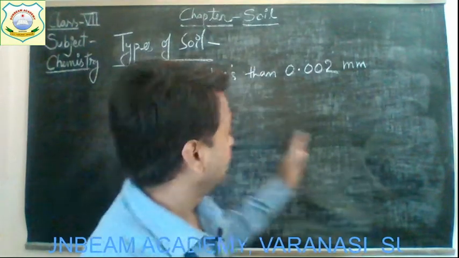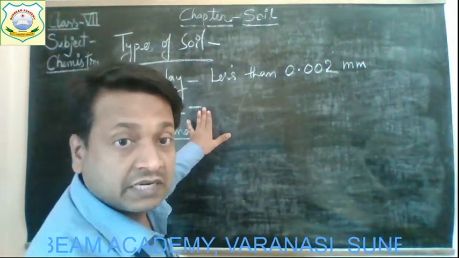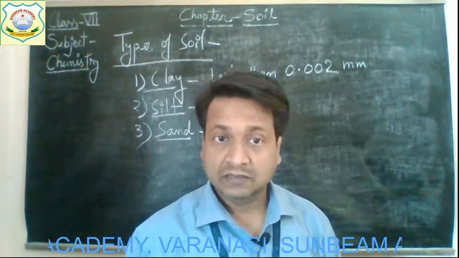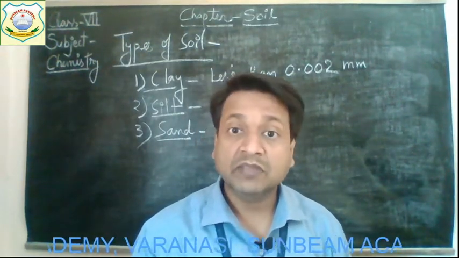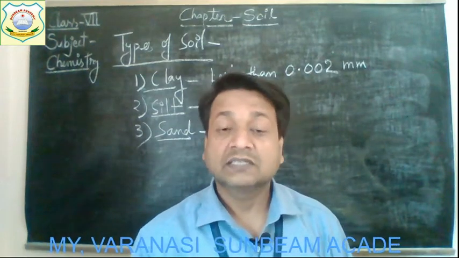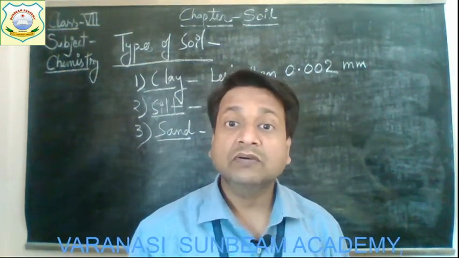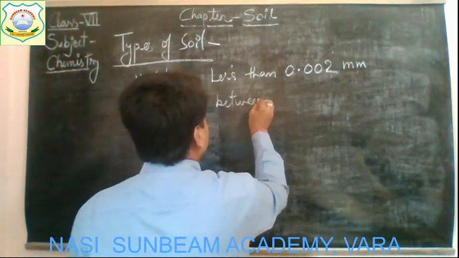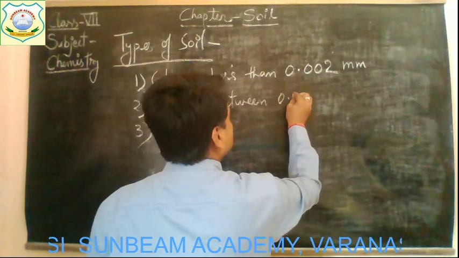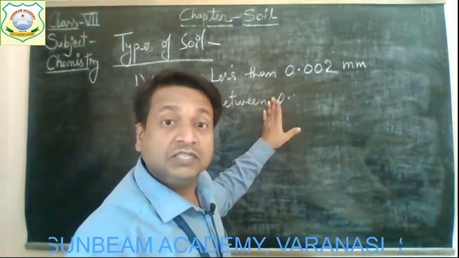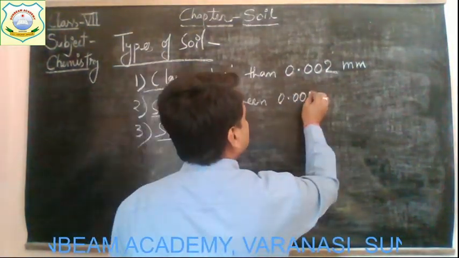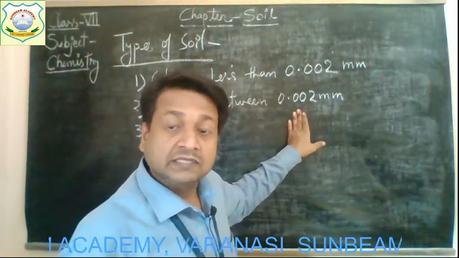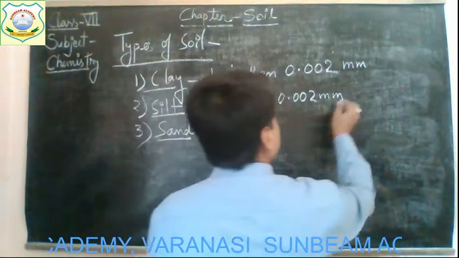Okay. Now come to the second one, silt. It has particles larger than clay. Understood? And the size of the silt particles is between 0.002 millimeter and 0.2 millimeter.